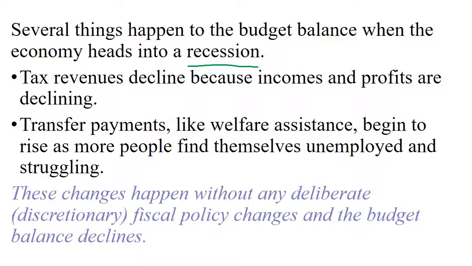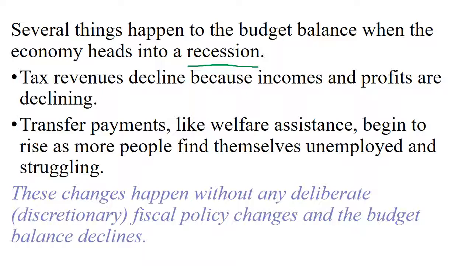It's happening automatically. Also, transfer payments, and this includes welfare, Medicaid, unemployment, food stamps, all of those services that are provided for people who are going through unemployment or going through tough times, will automatically increase during a recession. And again, the government isn't deciding to increase those benefits.